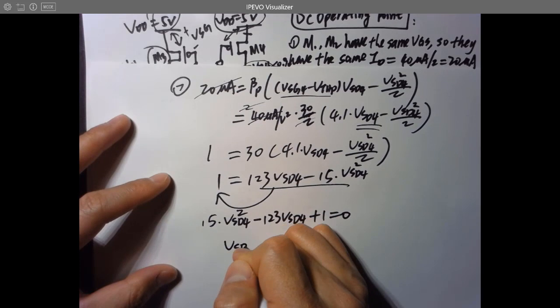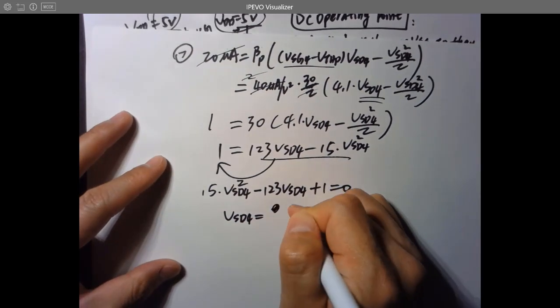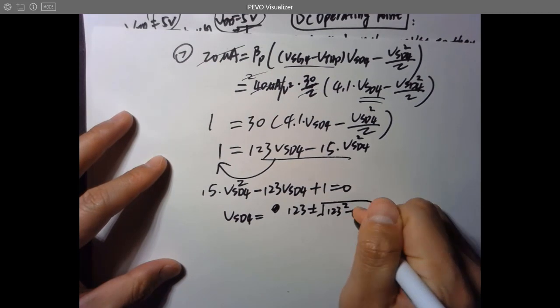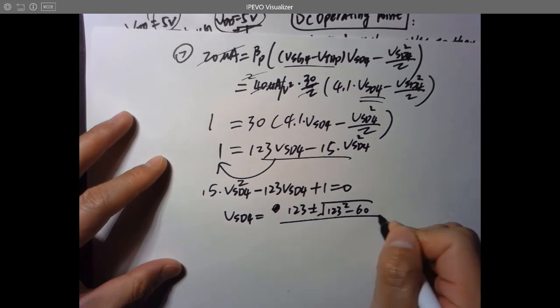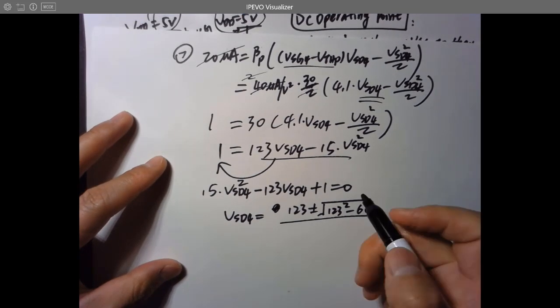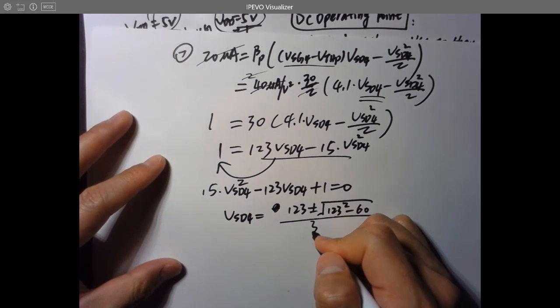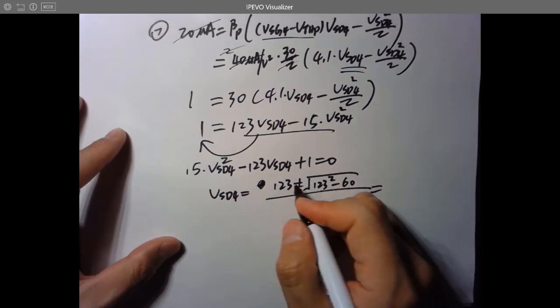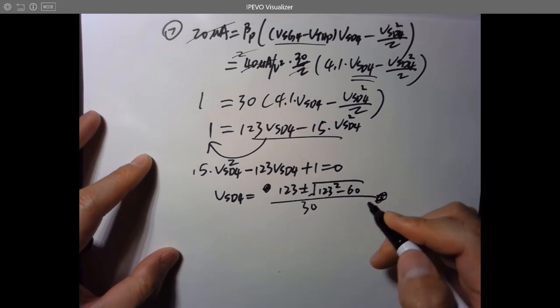So VSD4 equals 123 plus or minus the square root of 123 square minus 60, over 30. Okay, so now there are two possibilities, and let's take a look at which one is more possible.